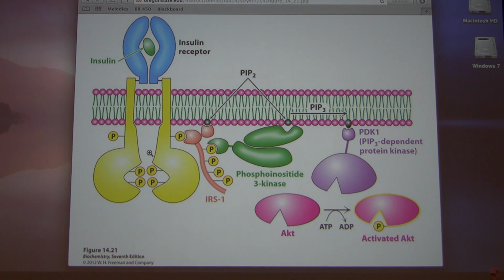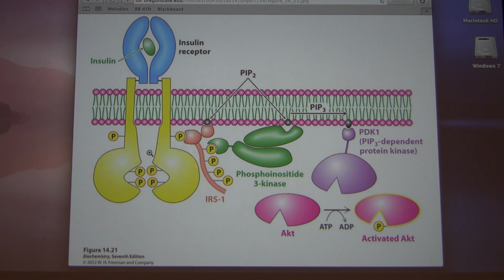The details are: binding of insulin activates the tyrosine kinase of one of the units, which phosphorylates the other, which phosphorylates it back. That makes these units completely active.